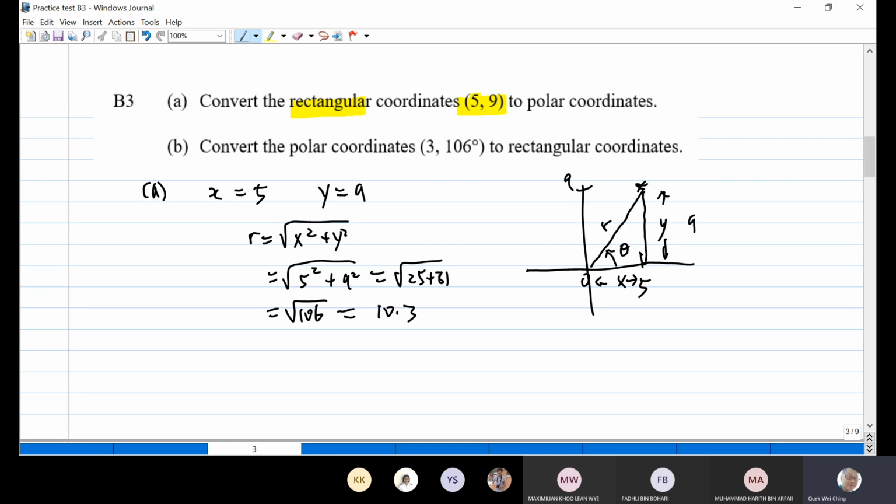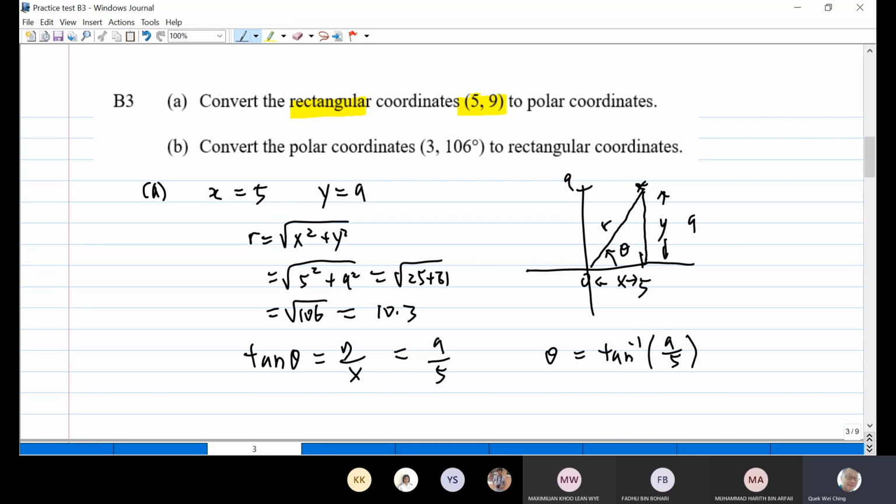And then how to find the angle? Use the formula: tangent theta is equal to y over x. y is equal to 9, x is equal to 5. So theta is equal to tangent inverse of 9 over 5.